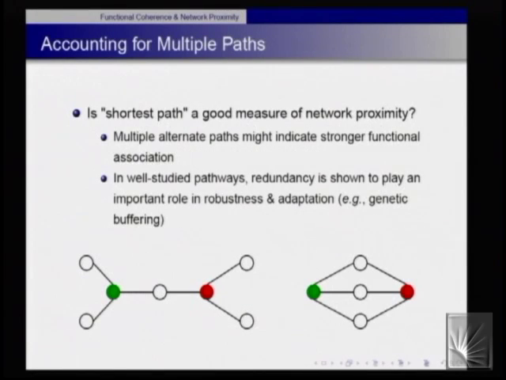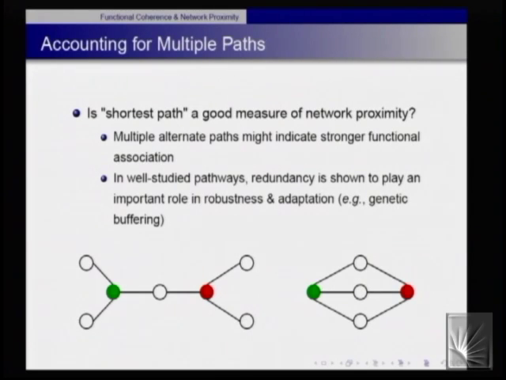But for that purpose, we also had to come up with a measure of network distance. So of course, one general notion of network distance is shortest path. You can just look at the shortest path. But shortest path might not be adequate here to capture the relevance between 2 proteins in a network, because there might be multiple alternate paths of the same length.